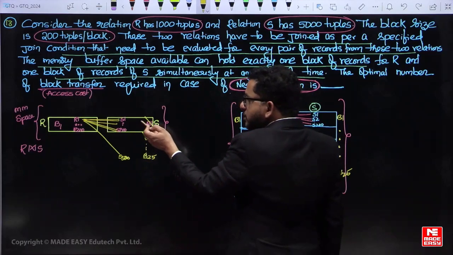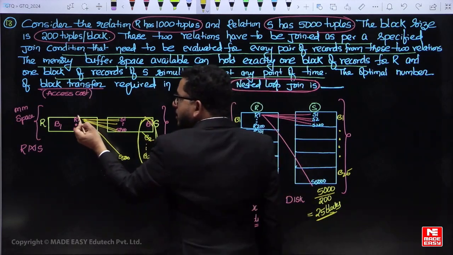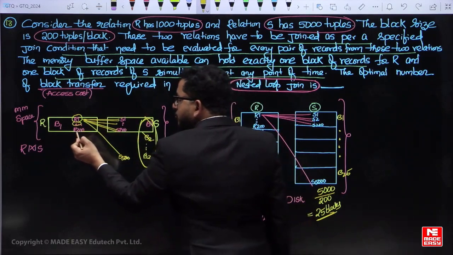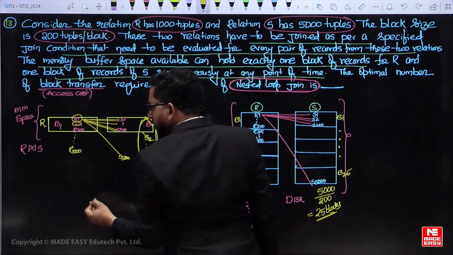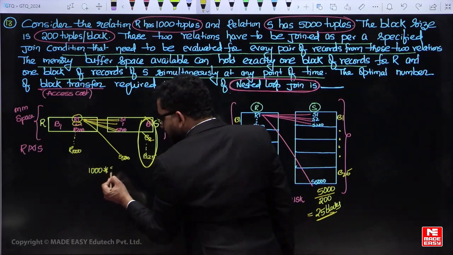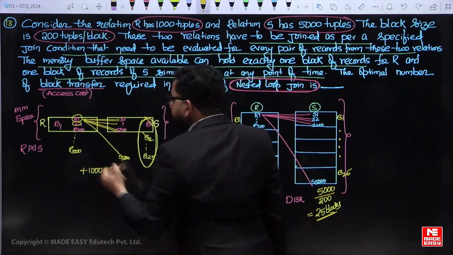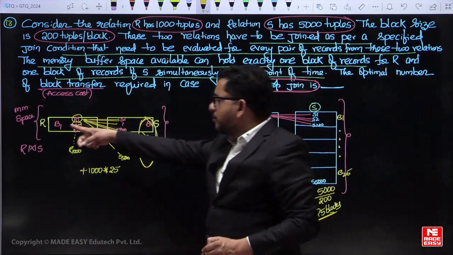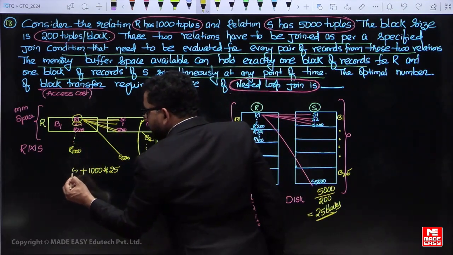So a total of 25 block accesses are required to complete one record join. Again for the second record join, 25 block accesses, and so on up to 1000 records in the outer relation. It means these 25 blocks are retrieved 1000 times, plus the 5 blocks of the R relation, B1, B2, B3 and so on, are retrieved only one time.